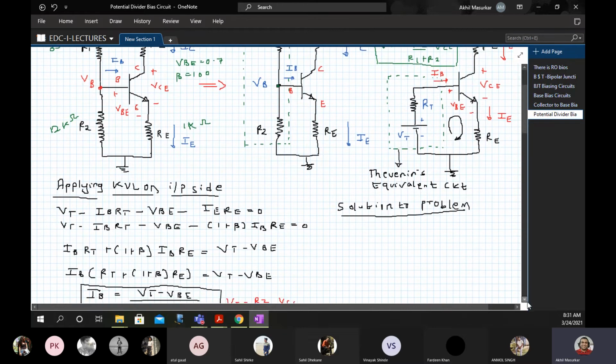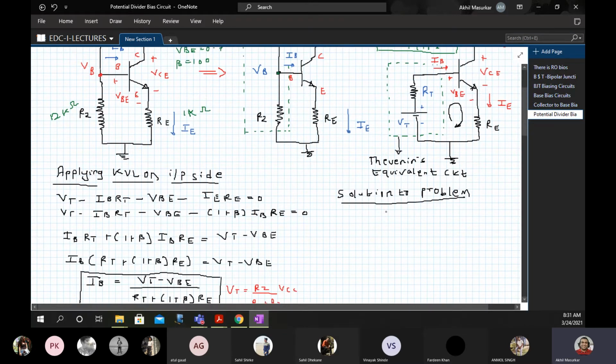So as you know that VT is going to be R2 upon R1 plus R2 into VCC. So that is going to be 12K upon 12K plus 33K into 18. So can somebody tell me what is the value of VT?